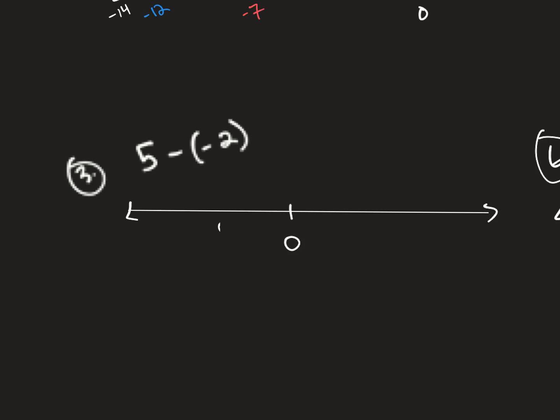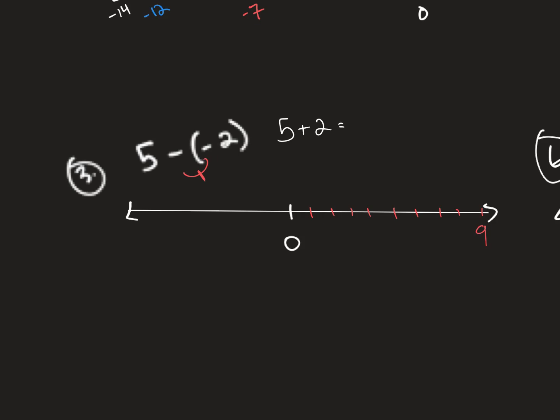So remember, when we see this, we want to change this and rewrite this as 5 plus 2. So for 5, I'm going to go 1, 2, 3, 4, 5, 6, 7, 8, 9. Make that out of 9. I don't need to worry about anything below the 0.